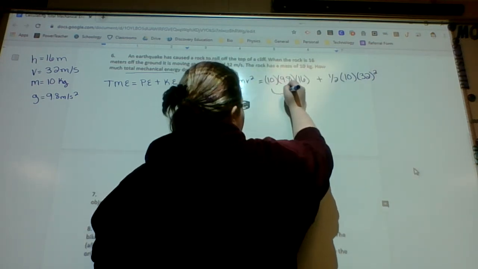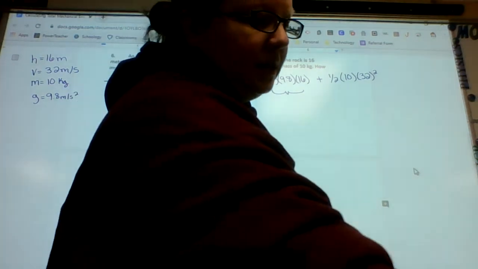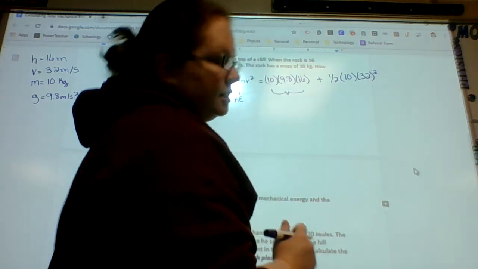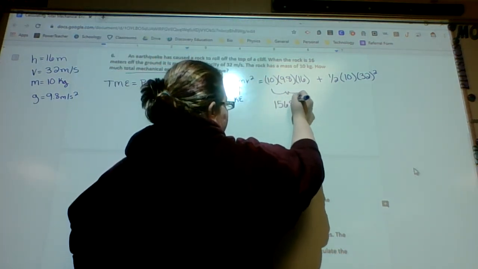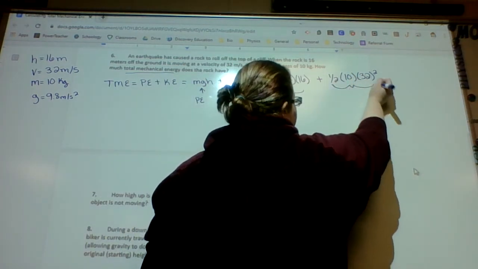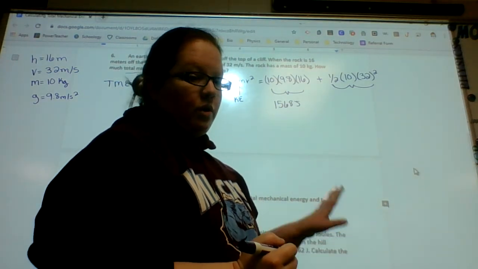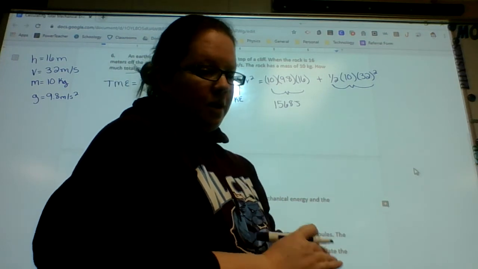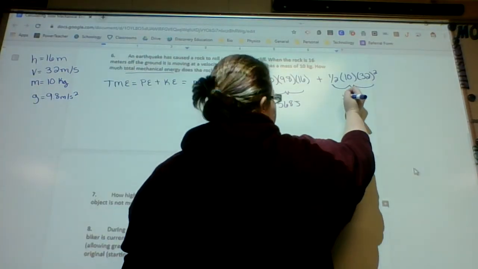Now, the answer here, when I do 10 times 9.8 times 16, I get 1,568 joules. And then here, when I do 1/2 times 10 times 32 squared, and remember, do the 32 squared first, and then times it by 10, and then times it by 1/2, you should get 5,120 joules.